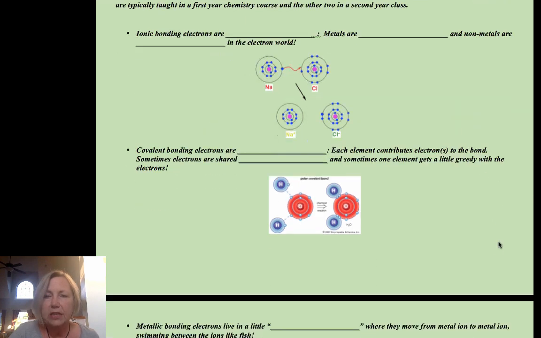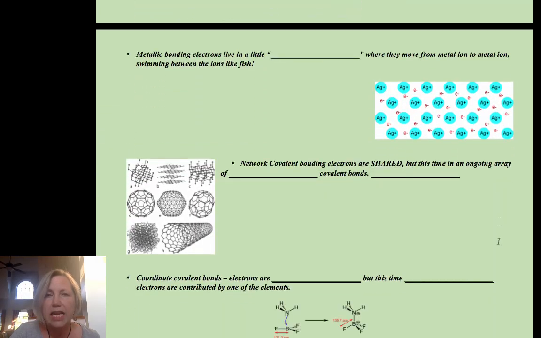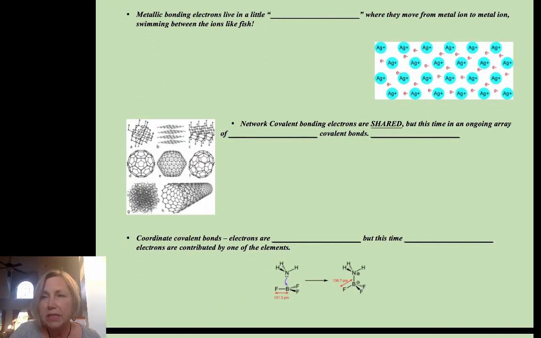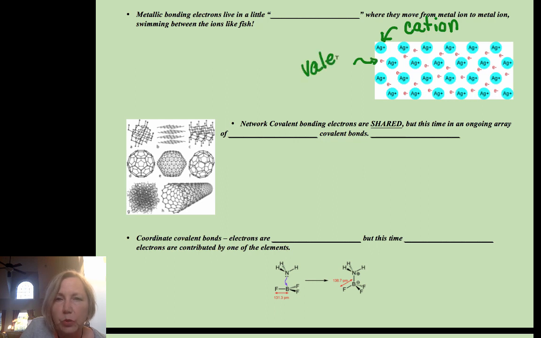Now, let's take a look at the next one that is commonly taught at the high school level, and that's metallic bonding. In metallic bonding, what we have is a positive cation, a metal ion, and then the valence electrons are free to move amongst ion to ion. I like to think of it as kind of a commune. The electrons play at everybody's house. So they can move freely, and if we have free movement of electrons, we have conductivity.